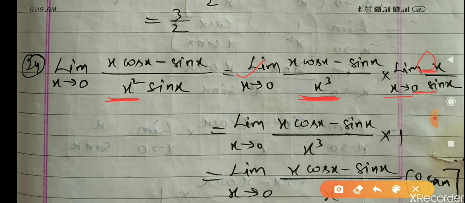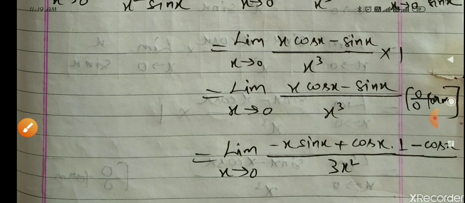You know, in class 11th I told you, you can separate the limit in multiplication, division, addition and subtraction. So its value, limit x tends to 0, x upon sin x, is 1. I have put it here in the second step. So limit x tends to 0, x cos x minus sin x upon x cubed multiplied by 1. So you are getting only limit x tends to 0, x cos x minus sin x upon x cubed.